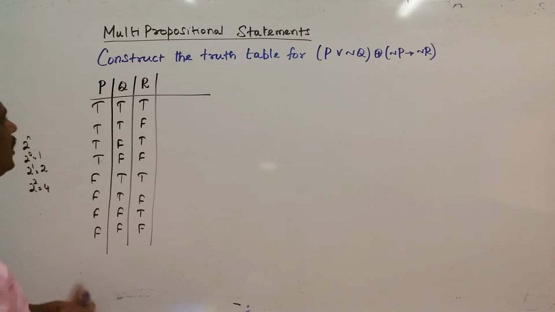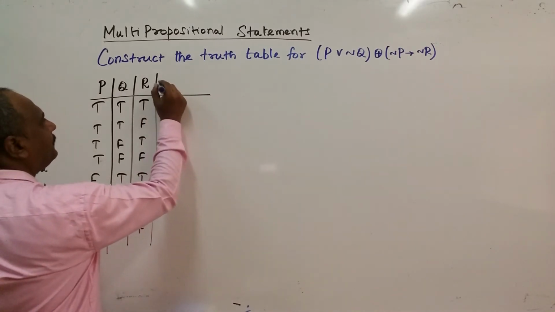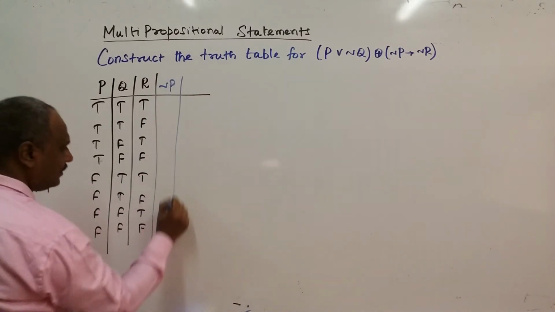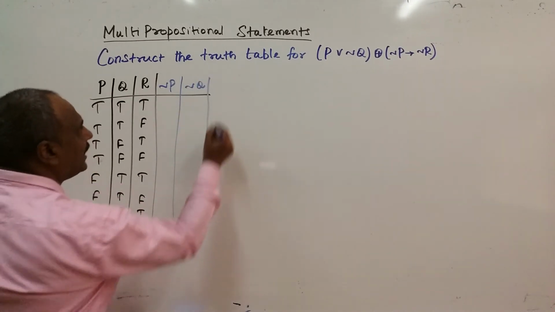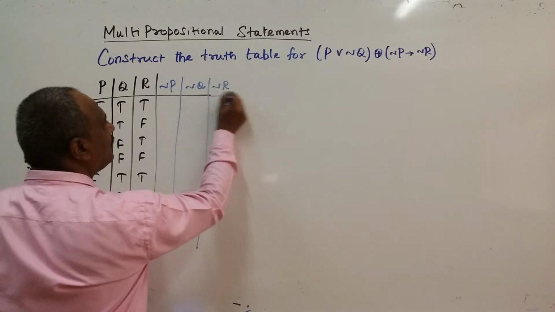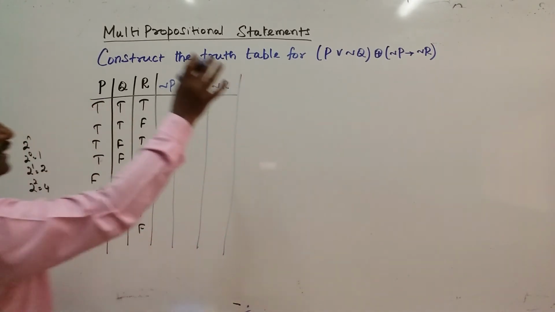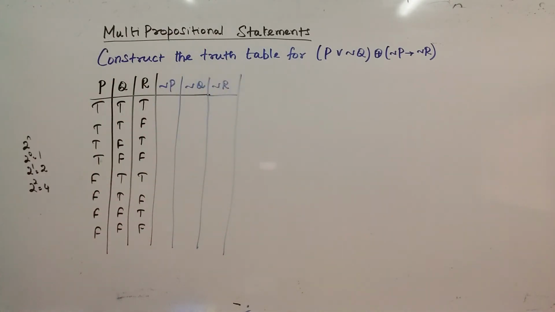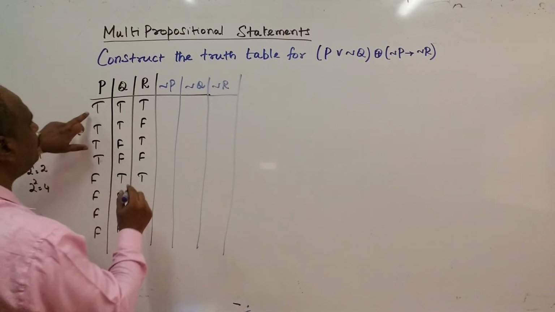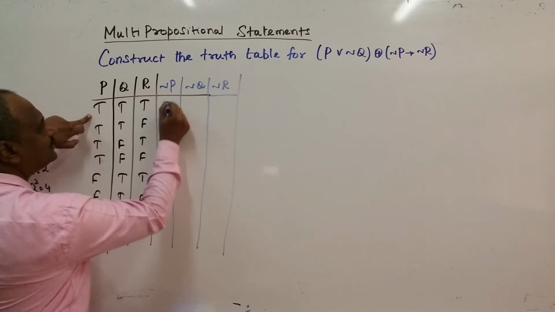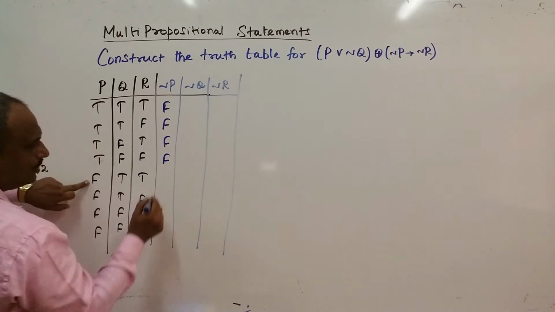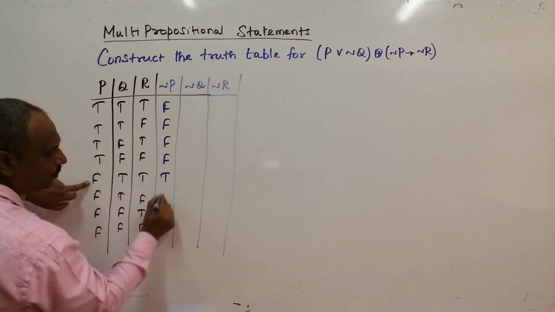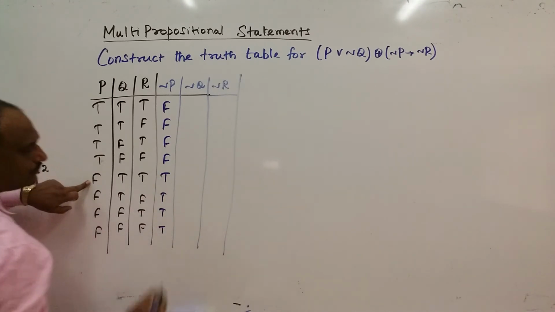So what are we going to do now? I am going to find the negation of P, then the negation of Q, and then the negation of R. Then I am going to check what is the requirement. For negation P, I am going to find the opposite of P. So true will become false, and false will become true.